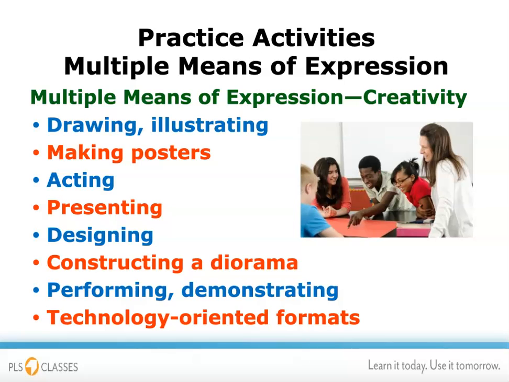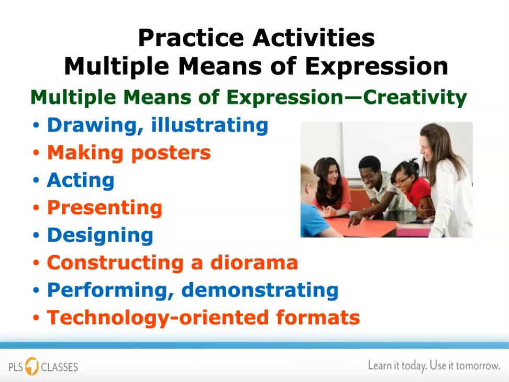The third component of an effective practice activity is multiple means of expression, creativity. This includes activities that incorporate creativity and innovation and utilize various ways to express information and outcomes such as drawing, illustrating, making posters, acting, presenting, designing, constructing a diorama, performing, demonstrating, or using technology-oriented formats.